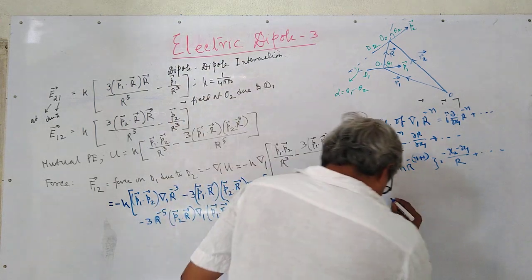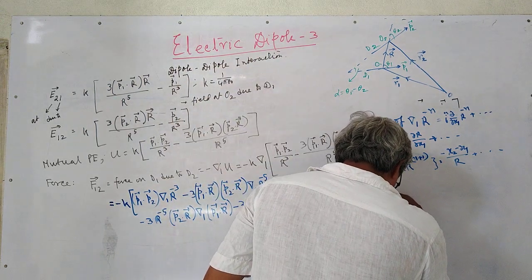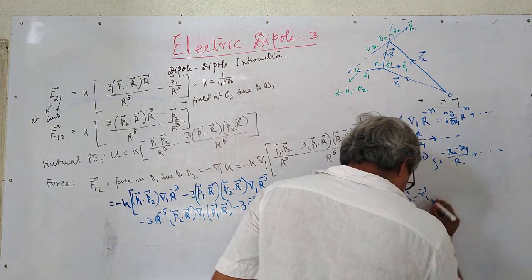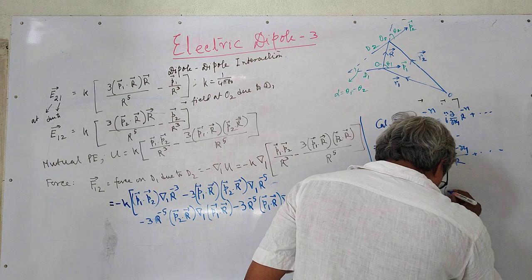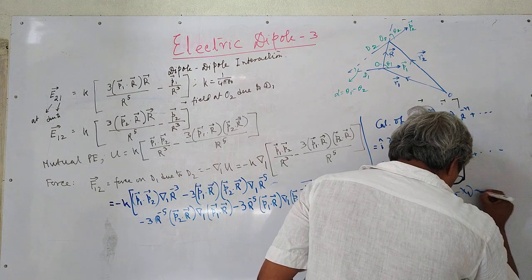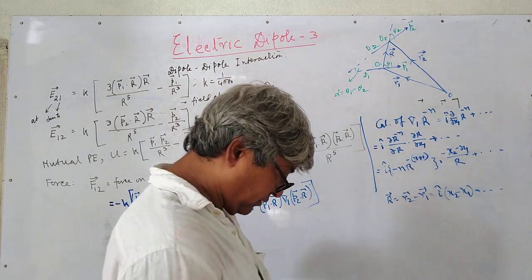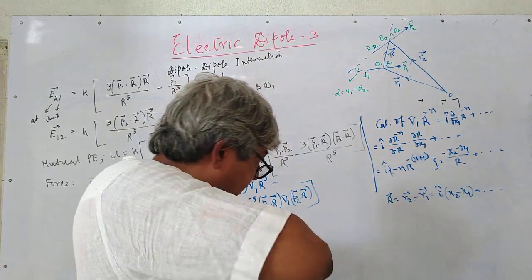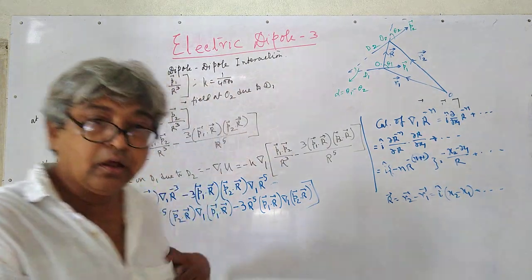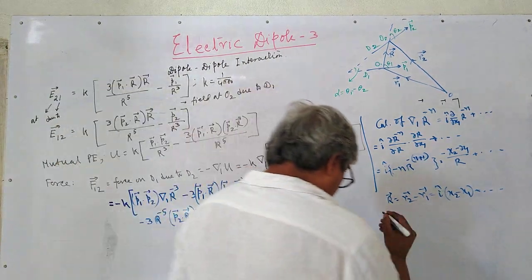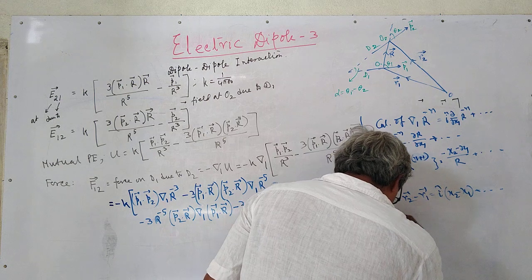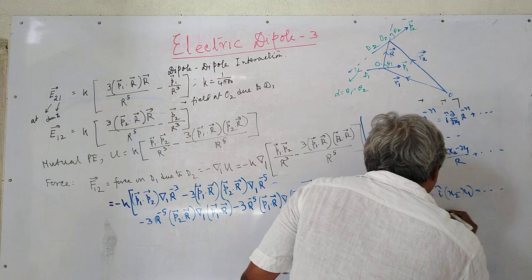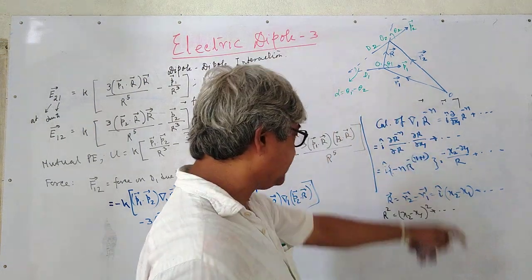You remember that r is r2 minus r1, so this is equal to I cap x2 minus x1 plus other terms. So the magnitude of r is given by r square equal to x2 minus x1 whole square plus y2 minus y1 whole square, and so forth.